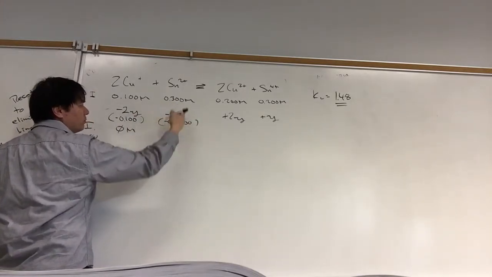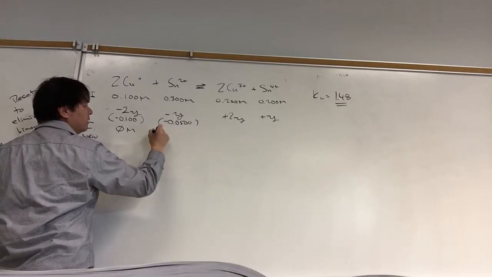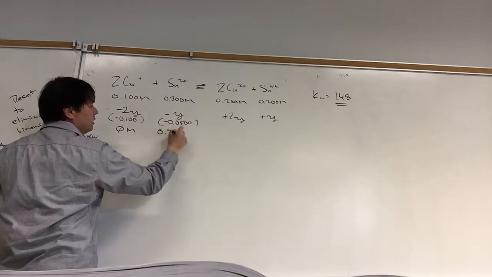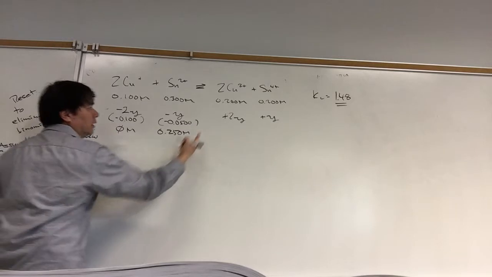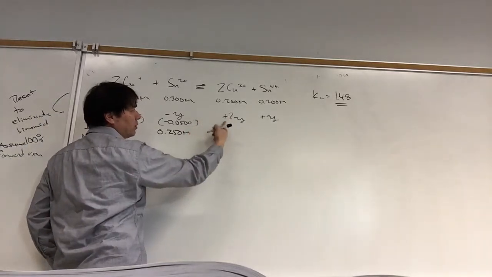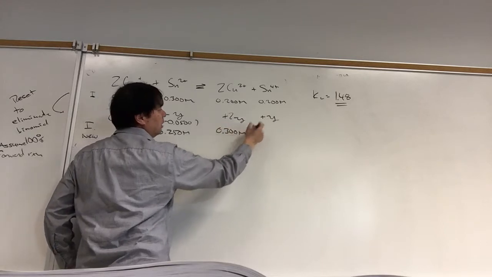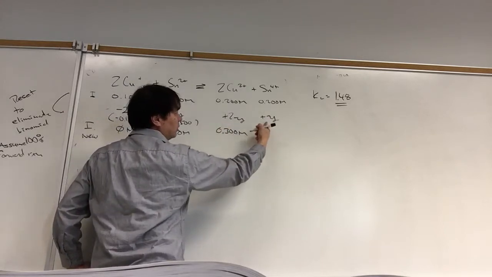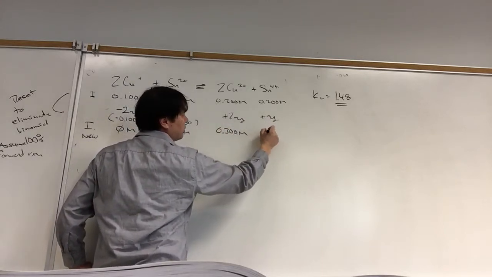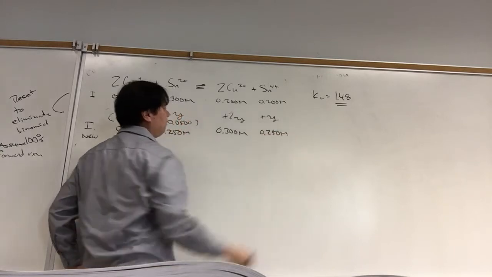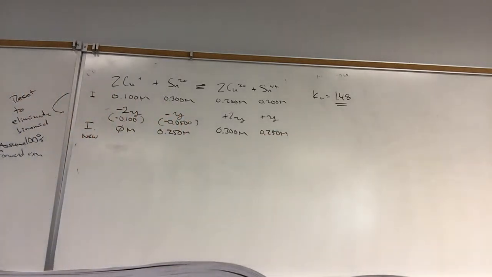And so here, 0.300 minus 0.05 is going to give me 0.250 molar. And then this is going to be plus 0.100, so this will give me 0.300. And this will be 0.05, so it will give me 0.250. All right, so these are my reset initial conditions. And does everybody see how I did those? Okay.